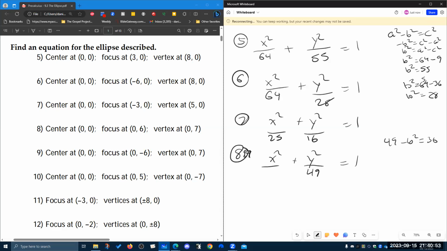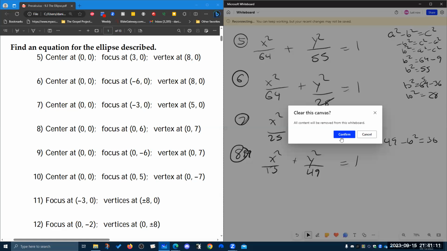So b squared is going to be 13. So that was both 8 and 9, because if the focus is at (0, 6), there's also a focus at (0, -6), since we were centered at (0, 0).